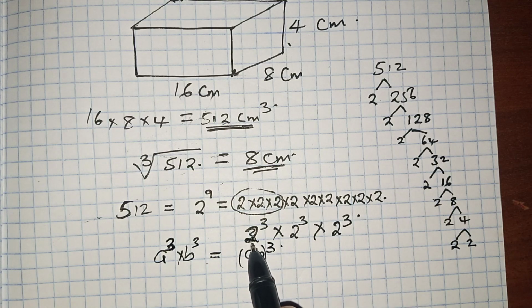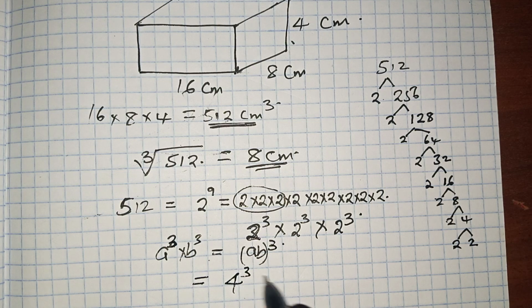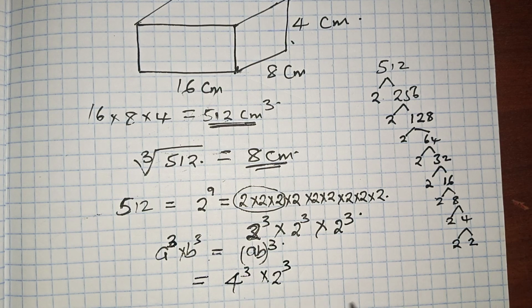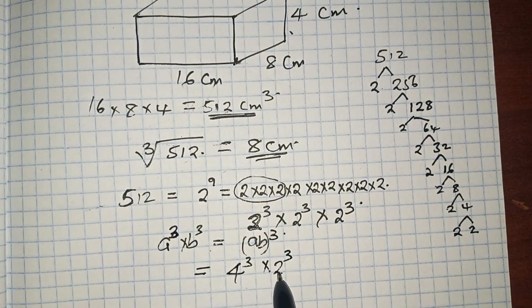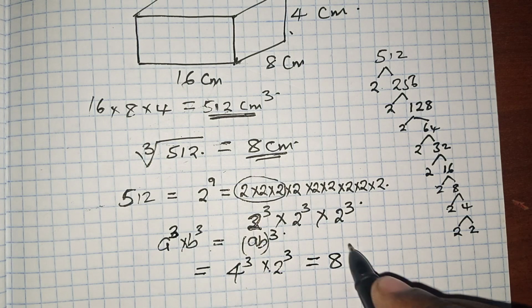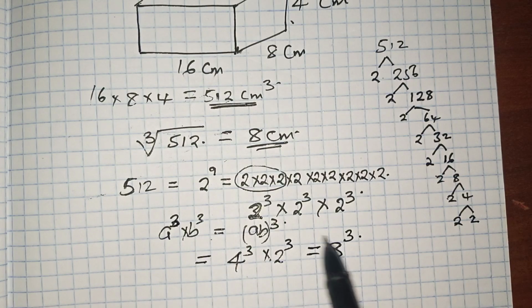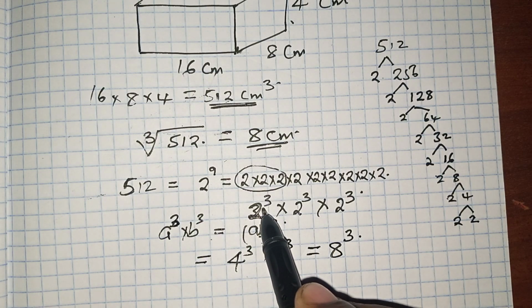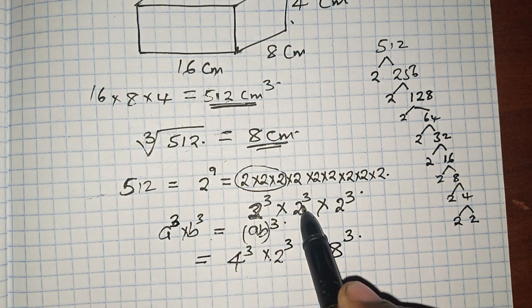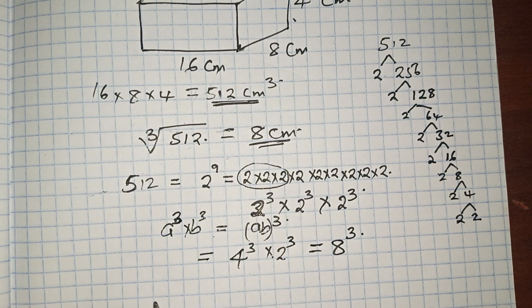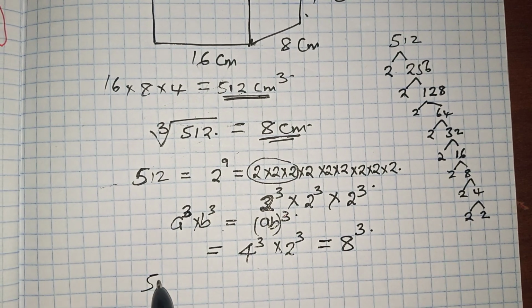So if we take 2 cubed times 2 cubed, this is the same as saying 4 cubed times 2 cubed, and of course 4 times 2 is 8 cubed. In other words, this is 8 times 8 times 8. In other words, what we are saying is 512 is equal to 8 cubed.